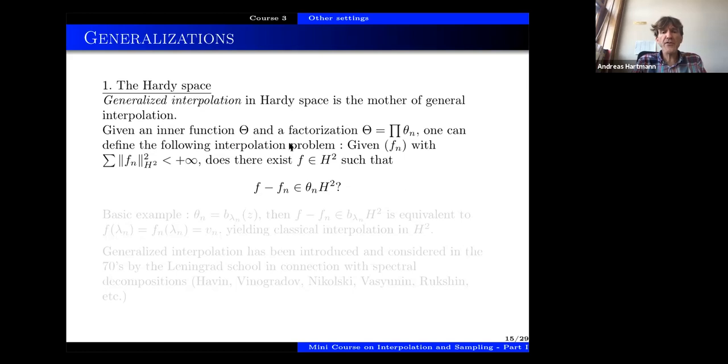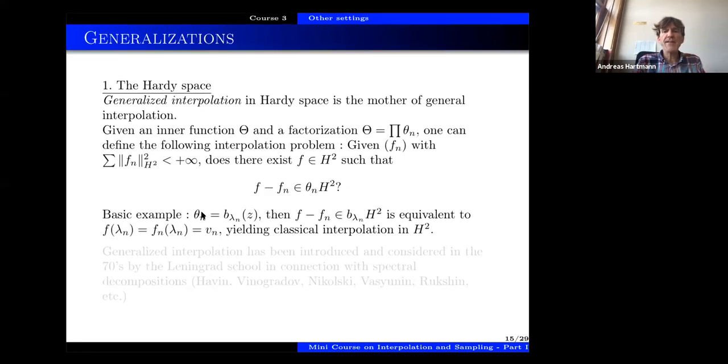So maybe in this generality, it's not so clear what I mean by this. But if you take, for example, the easiest inner function, which is a simple Blaschke factor, which vanishes at λ_n, then this condition says exactly that f and f_n have the same values at λ_n. And so, in fact, this yields classical interpolation.